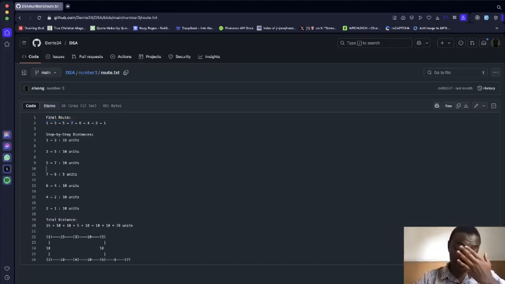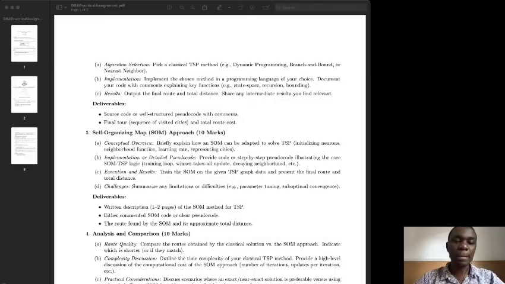And so that answers our assignment here: how the approach uses the self-organizing map. So again, this is Dastan who has been explaining number 3, how to use the self-organizing map approach to solve the traveling salesperson problem.